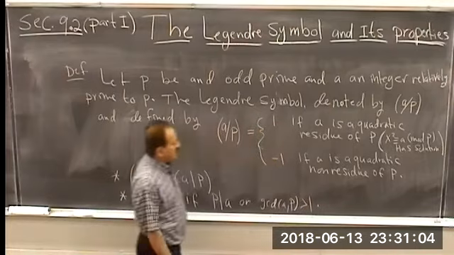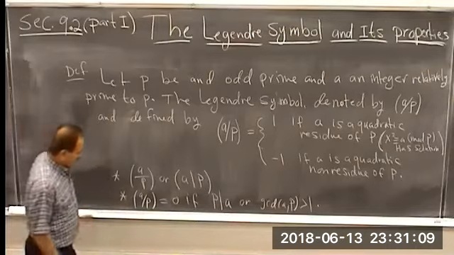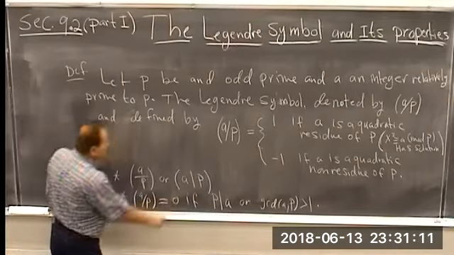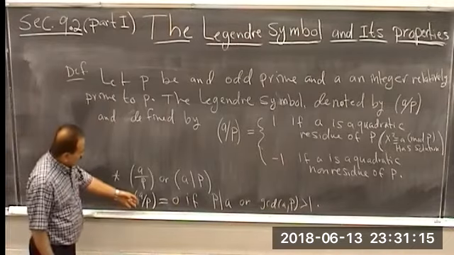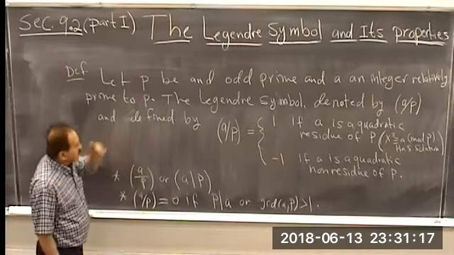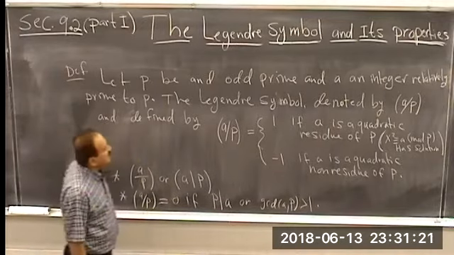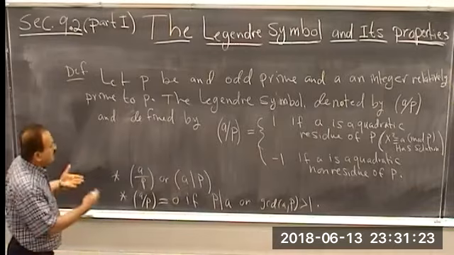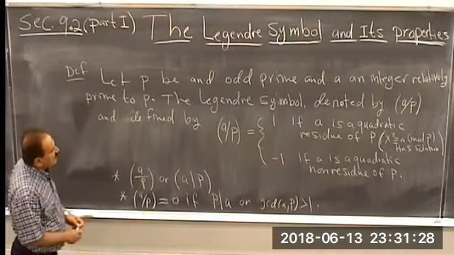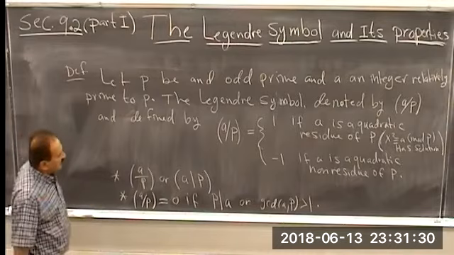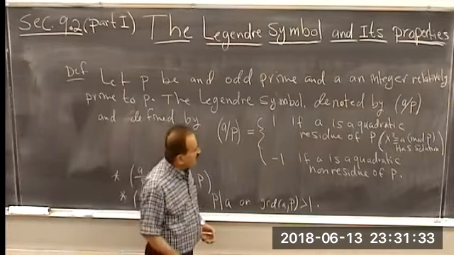Whenever these are not relatively prime, some authors use this value for the Legendre symbol. This way it becomes a totally defined function for all integers a, not necessarily just relatively prime. So this is one of the advantages. For us, it's not going to be a big deal.